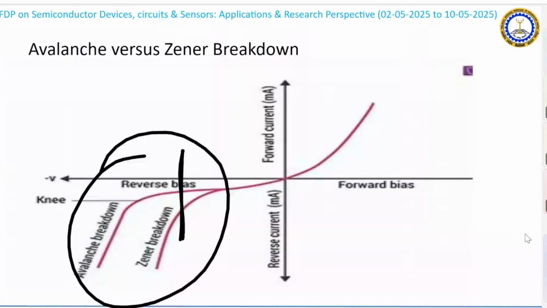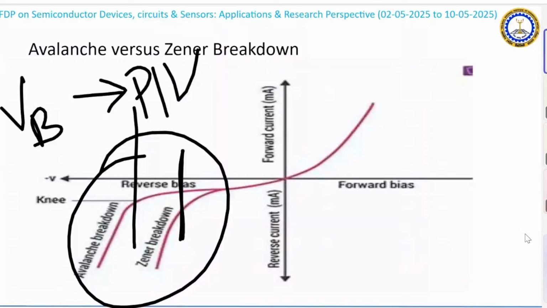We have to avoid this red zone. We are not going to reach into it because it is dangerous for the device health. We can expect that the device is not working as normal after reaching this region, so we have to avoid that. But yes, this is the good situation. Zener breakdown is used for voltage regulation, right? So these things we covered yesterday.